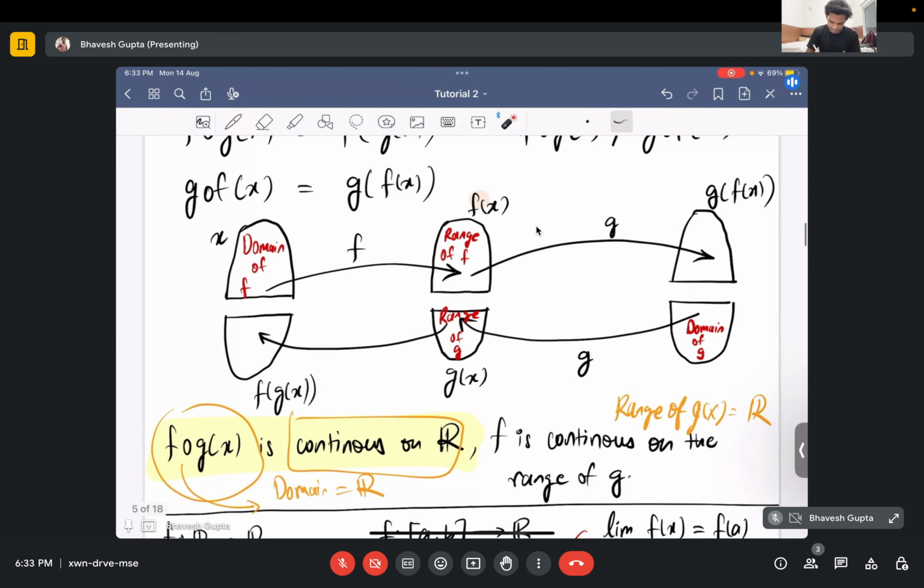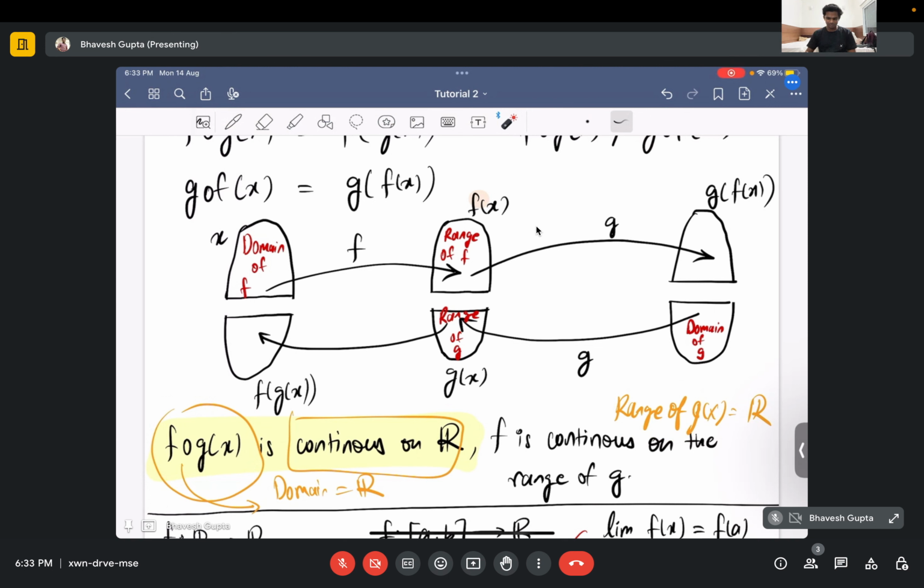Because in this case, the input of the f function is basically the range of the g function. And if I'm saying that the composition f∘g is continuous on R, that means the domain of this composition is basically R. And since I know that the domain of this function is basically the range of g, I can conclude that the function f is continuous in the range of g.